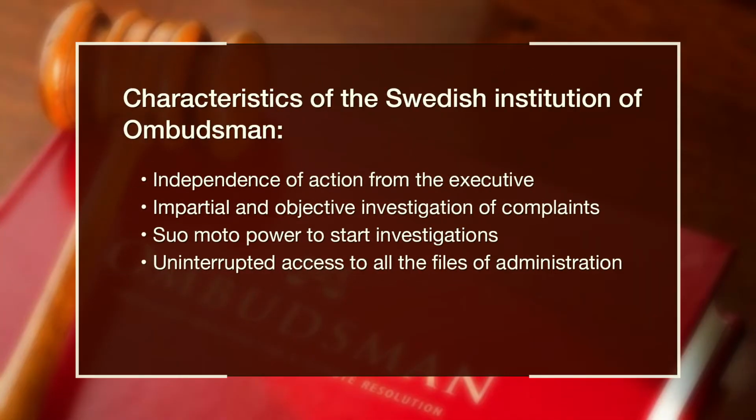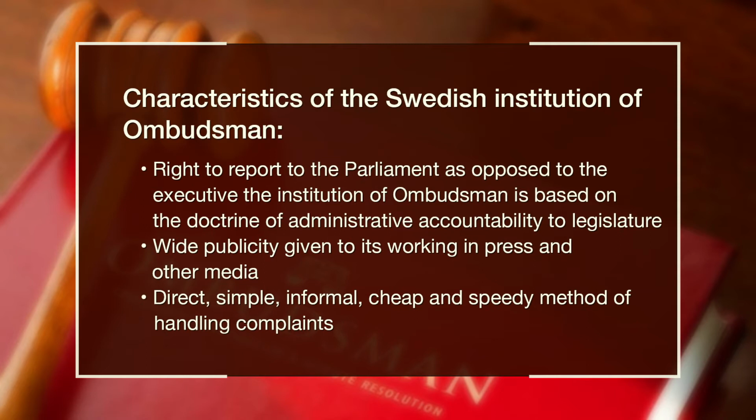Dear students, we can briefly highlight the characteristics of the Swedish institution of Ombudsman as it originated therefrom. Number 1, independence of action from the executive; impartial and objective investigation of complaints; suo motu power to start investigation; uninterrupted access to all the files of administration; right to report to the Parliament as opposed to the executive.